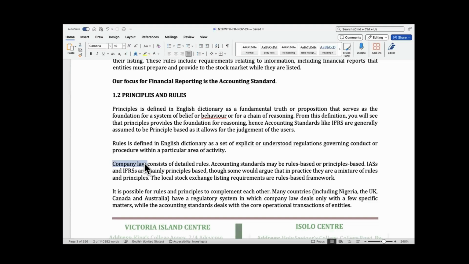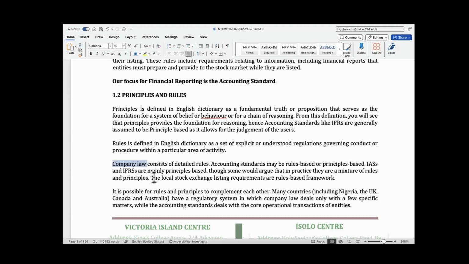Maintain a certain percentage of reserve, that is a rule. The same thing also is the local stock exchange listing requirement. It is also a rule-based framework, right? So the only one that is principle-based is IFRS, as far as Nigeria is concerned.